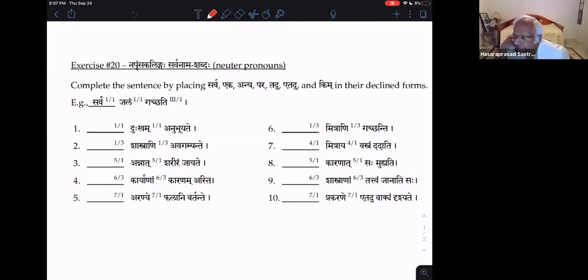The sarvanama for Kim in masculine is kaha.